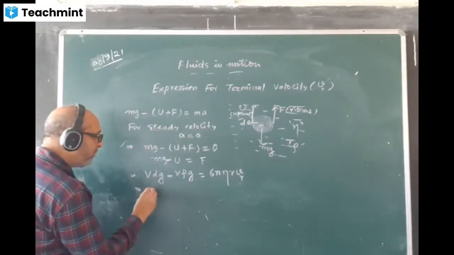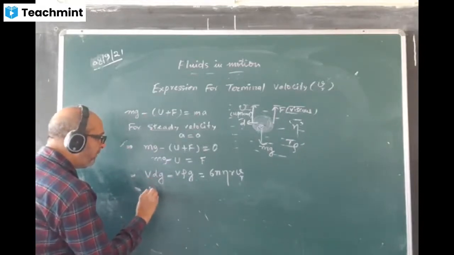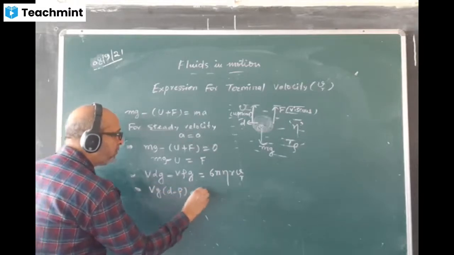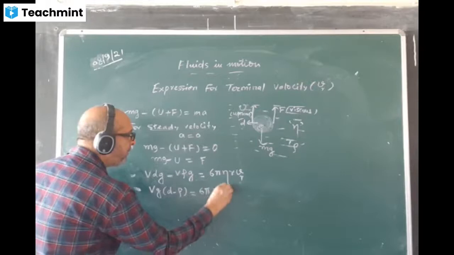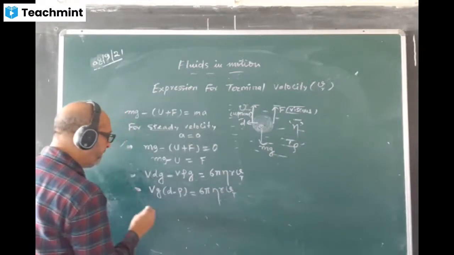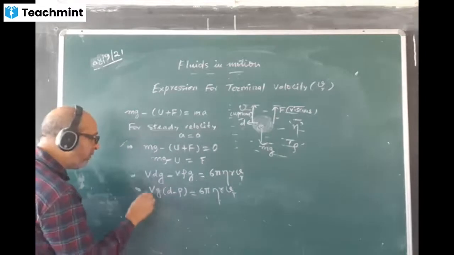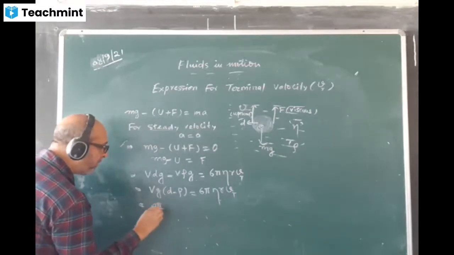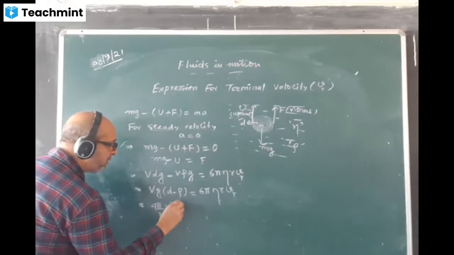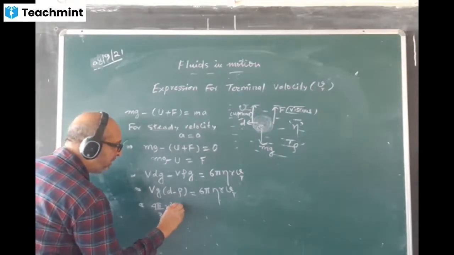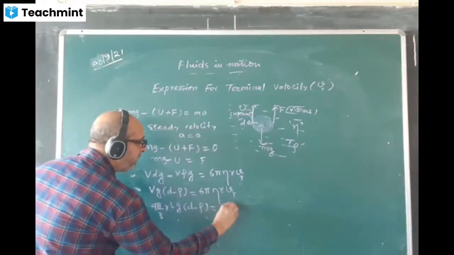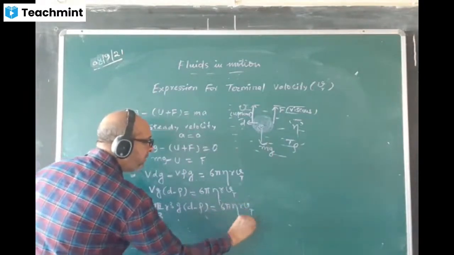Volume we can take common. Vg is common. Here we get (d minus rho) equal to 6 pi eta r vt. What is the formula of the volume of the sphere? The volume of a sphere is 4 pi by 3 r cube. And now I write 4 pi by 3 r cube g into (d minus rho) is equal to 6 pi eta r vt.